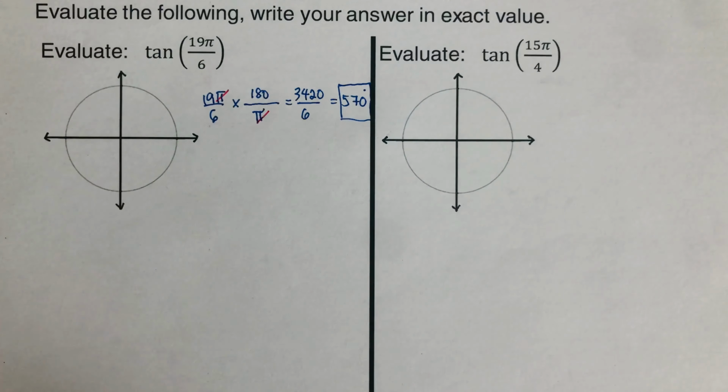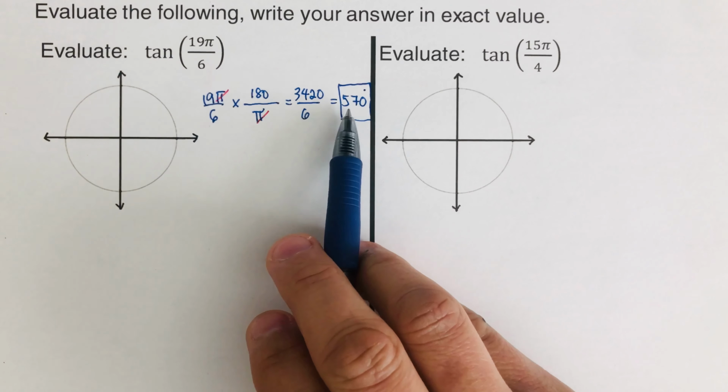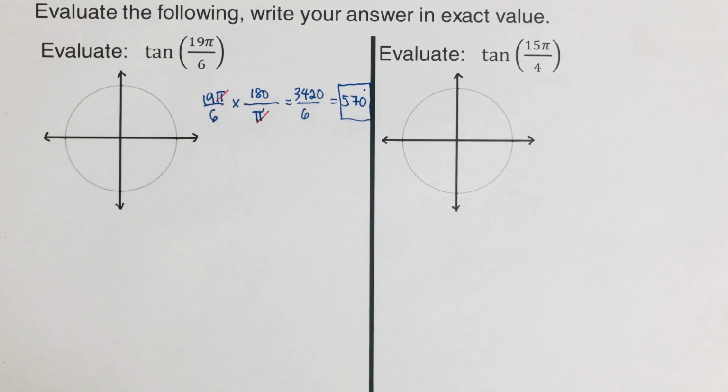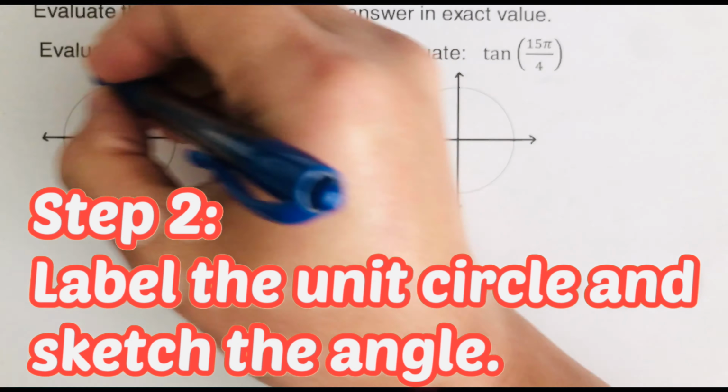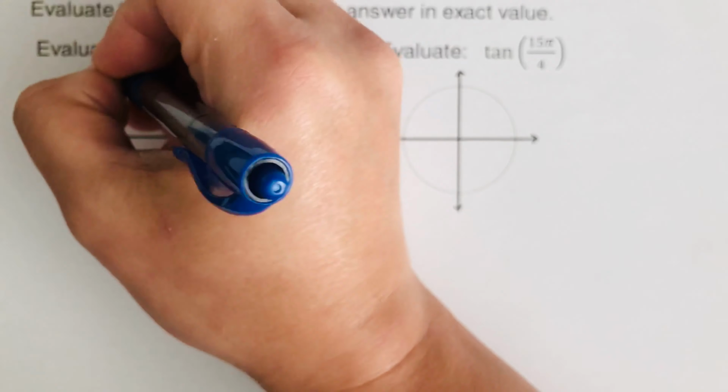Okay, so this 19 pi over 6 is equivalent to 570. The second step is to label the unit circle and sketch the angle. So I'm just going to label the unit circle right here.